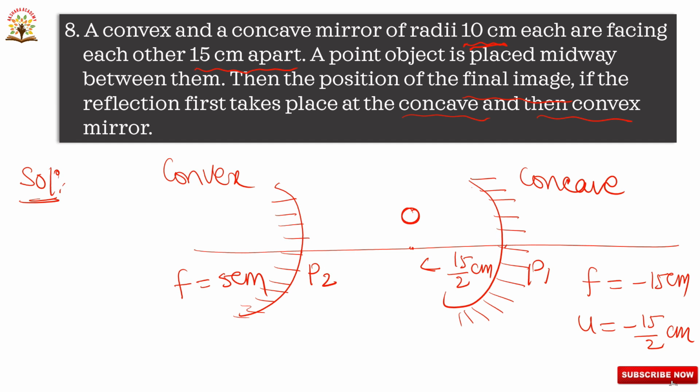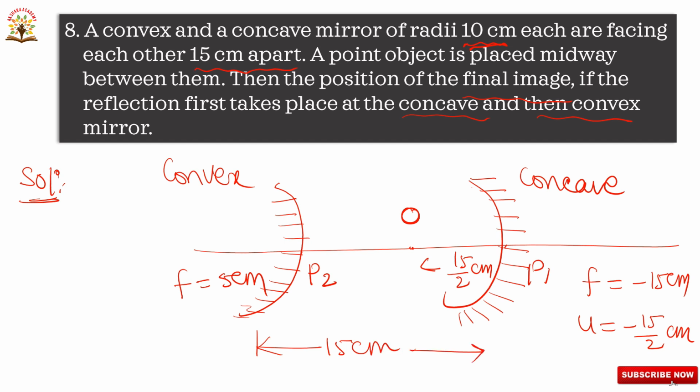In this question they given a convex and concave mirror of radii 10 centimeters each, facing each other and 15 centimeters apart. So from here to here is 15 centimeters.